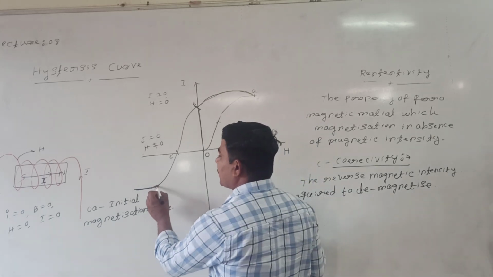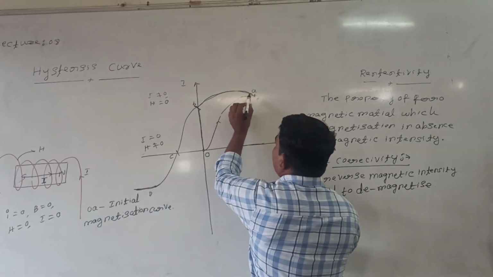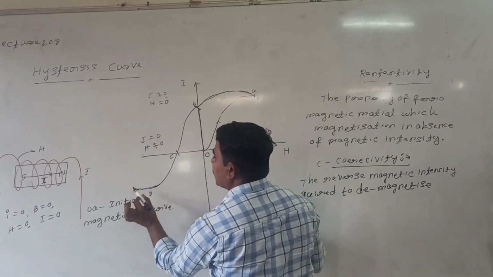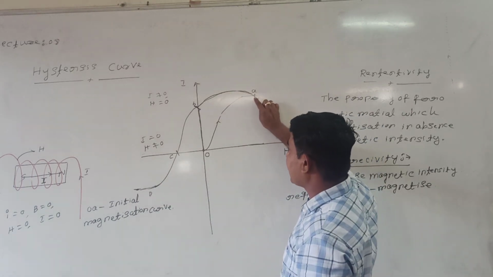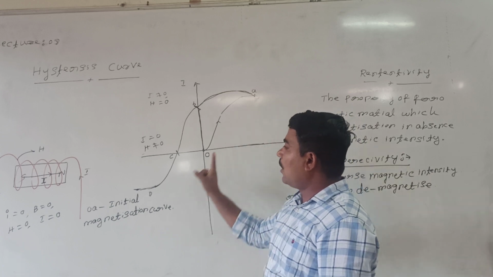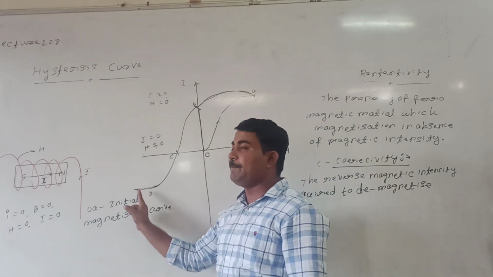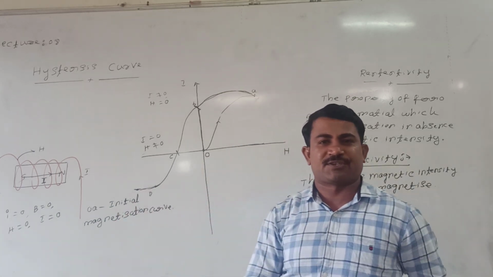This point I can also call the saturation point. Here all magnetic moments are aligned exactly parallel in the forward direction, and there all magnetic moments are aligned exactly parallel in the opposite direction.